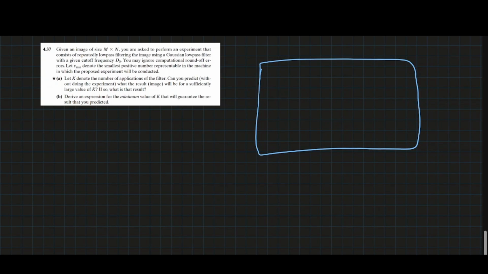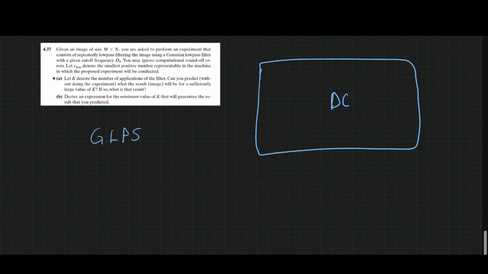First thing you should know is that when you're applying a filter, like a Gaussian low pass filter in the frequency domain, the DC component is at the center of the frequency spectrum. Now, the DC component is basically the average intensity of the entire image.